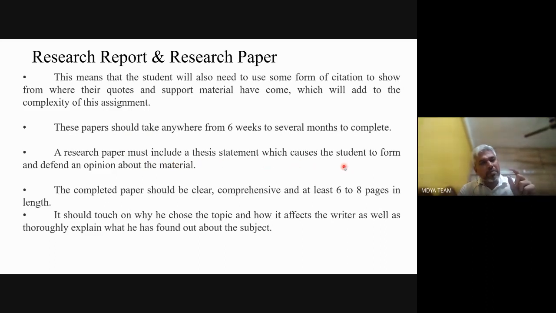It is basically a very short form of a research thesis. The complete paper should be clear, comprehensive, and at least 6 to 8 pages in length. It should touch on why he chose the topic and how it affects the writer, as well as thoroughly explain what he has found out about the subject.